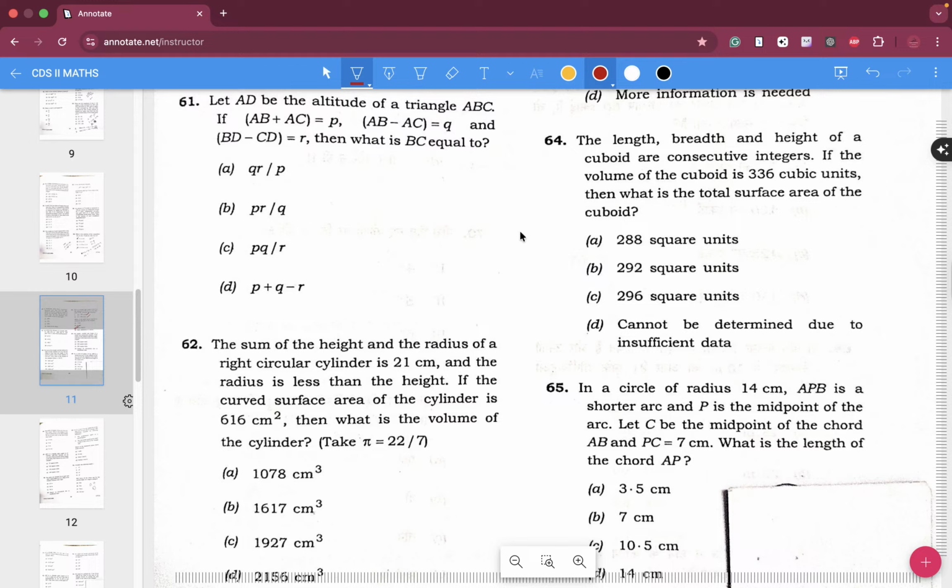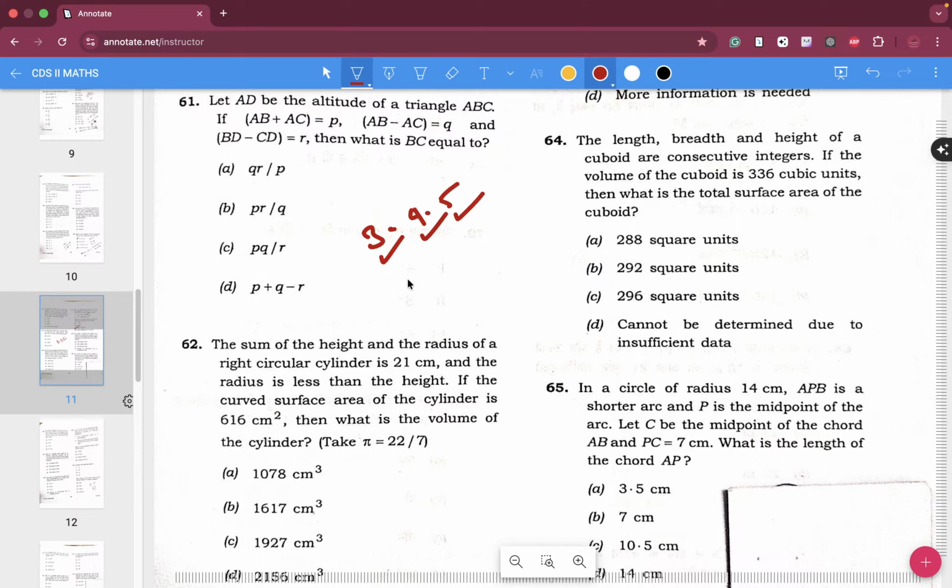Now, if they are consecutive numbers, it could be 3, 4, 5. 5 into 4 is 20 into 3. No, it's not working out. How about 11, 12, 13? It will be a big number, so we cannot think of this.